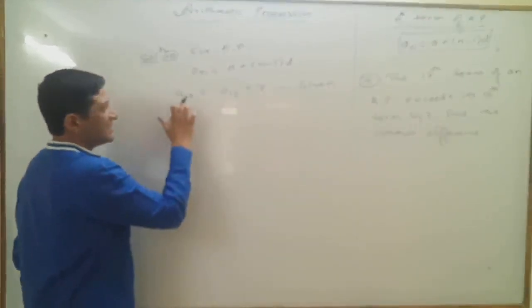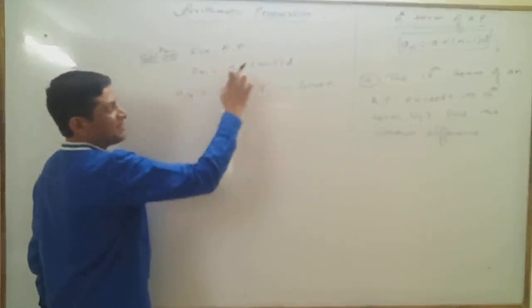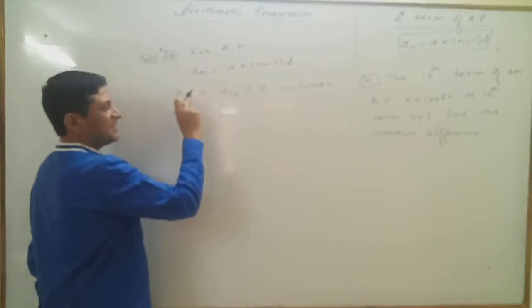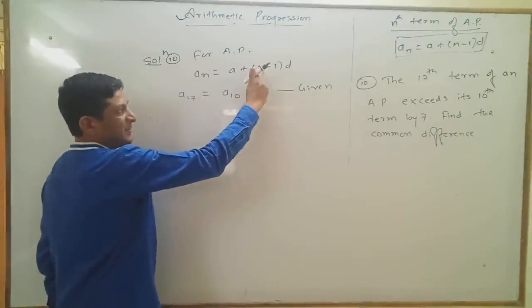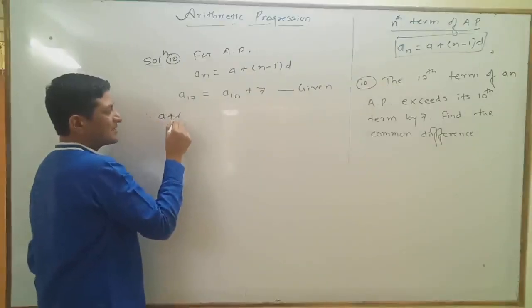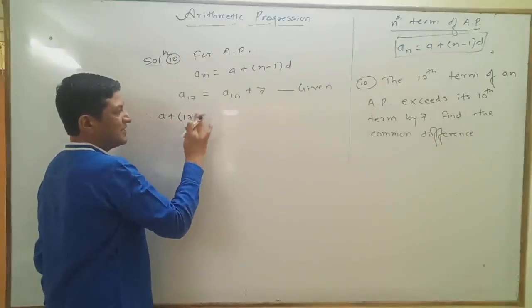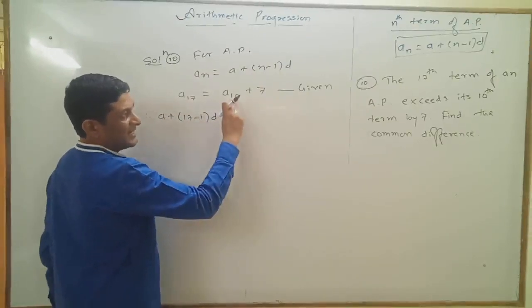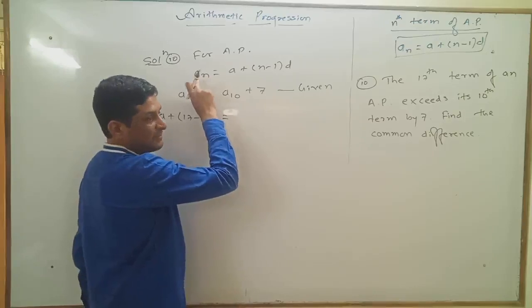Now for A17 we are applying this formula, so replace n by 17. So what is the value of A17? A plus 17 minus 1 into D is equal to, now for A10, again we apply this formula.